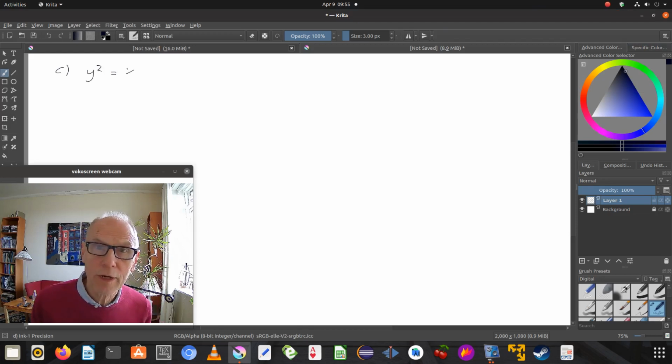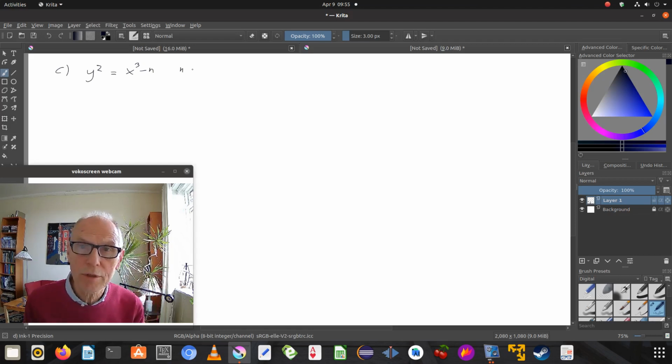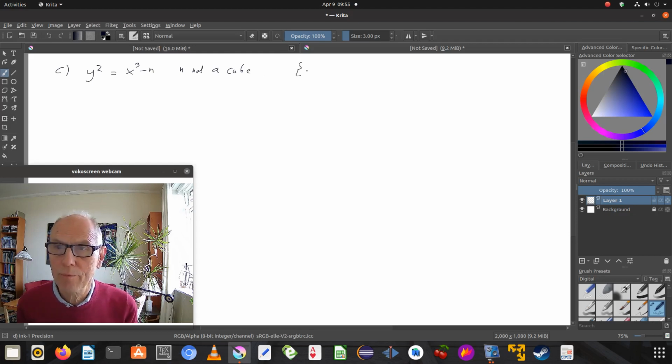X to the third minus n, and n is not a perfect cube. So the points of order 2 are third root of n, omega times third root of n, and omega bar or omega squared, let's say omega squared.